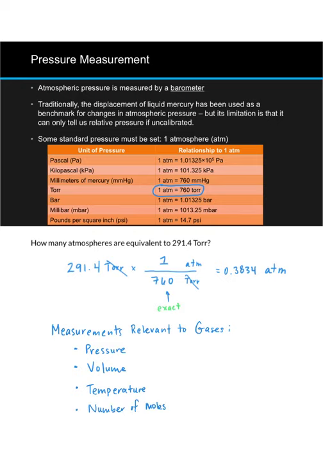We'll give each one of these measured quantities its own abbreviation or symbol: pressure, capital P; volume, capital V; temperature, capital T; and number of moles, lowercase n. As we move through the next slides, we'll explore each of these quantities and the relationships to the others.